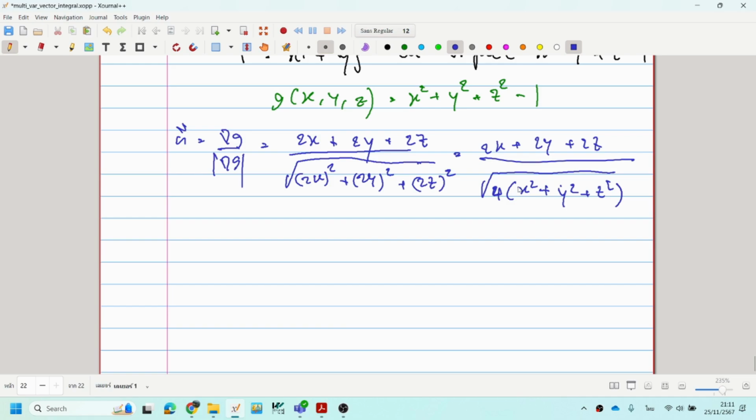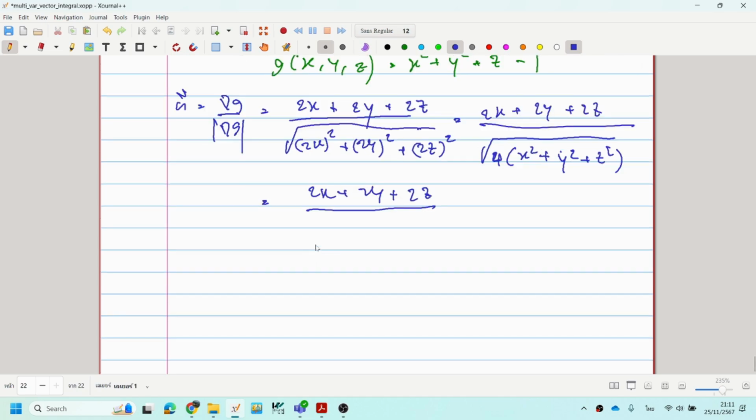Okay, I take the 2 out of the square root. I get 2x plus 2y plus 2z, and stay outside of the square root I use x square plus y square plus z square, right? Let me put the factor 2 out of the parentheses.